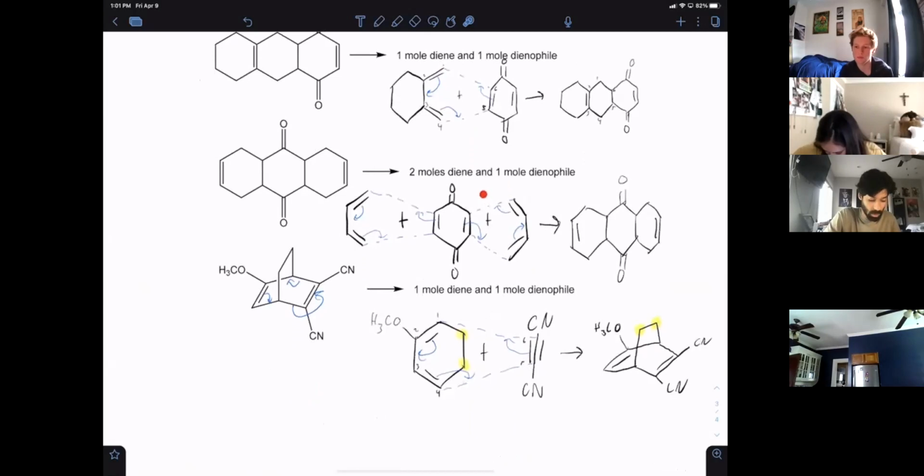Kind of similar over here, but it's 2 moles, so it's basically just a butadiene on both sides, and the same thing happens on both sides, and you get that.